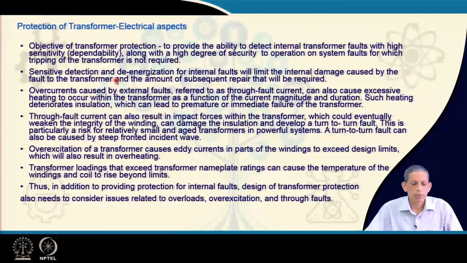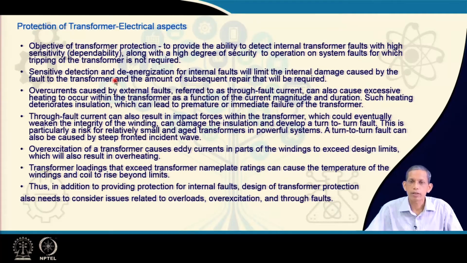So, our emphasis in this presentation will be on the electrical perspective. On these electrical aspects, the objective of transformer protection is to provide two things. One is, for any fault internal to the transformer, the transformer must be isolated from both sides if it is an interconnected system.